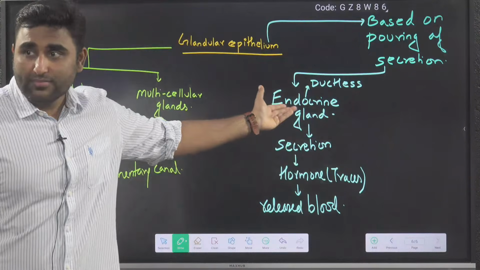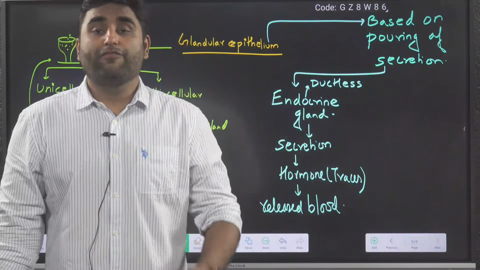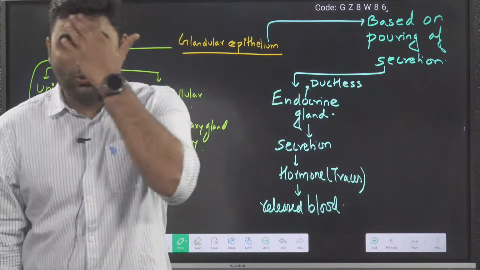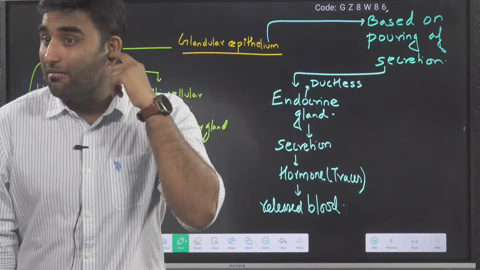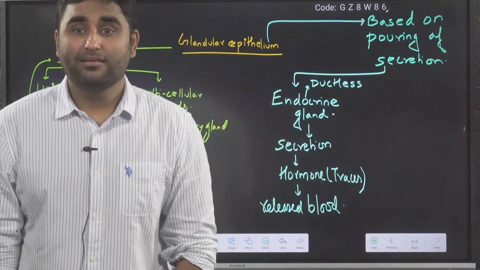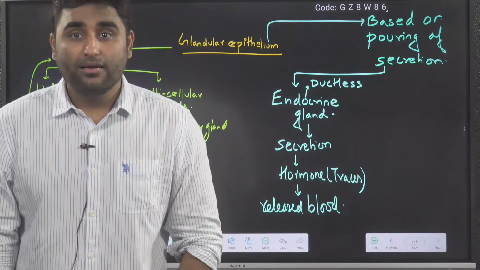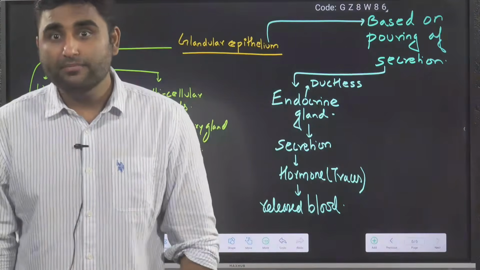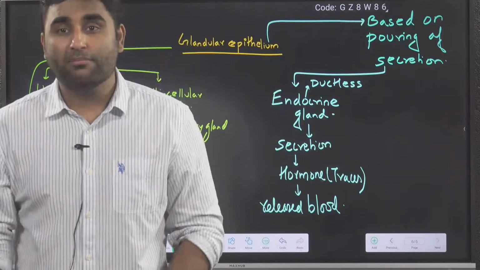Now, if a gland is secreting outside blood: sweat, oil, earwax, saliva, mammary gland milk, gastric gland, gastric juice, HCl. Do you think HCl will go in blood? Is saliva going in blood? Is sweat going in blood?